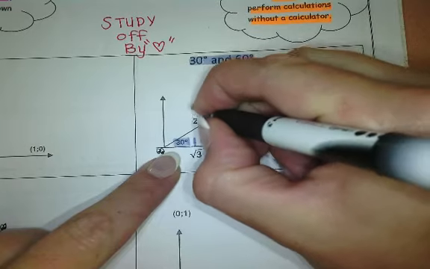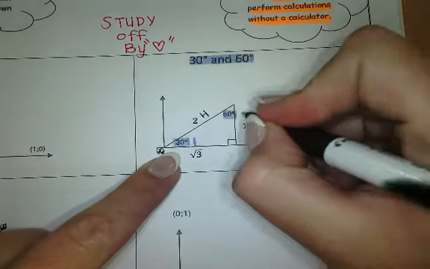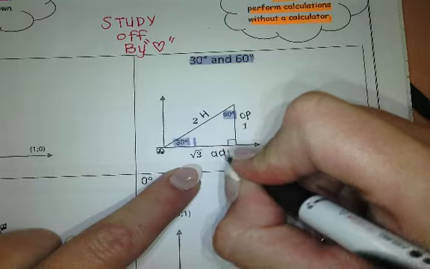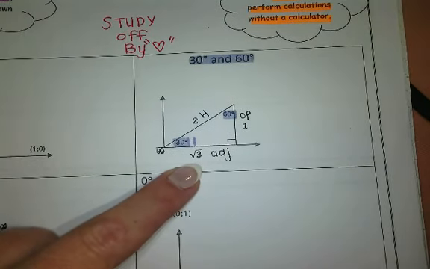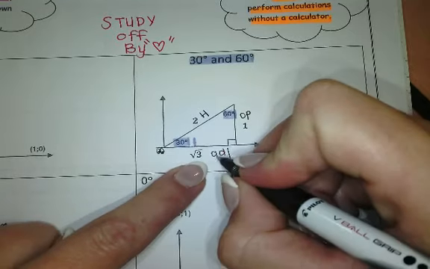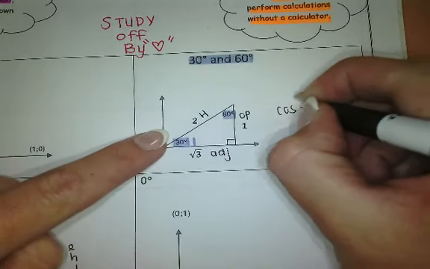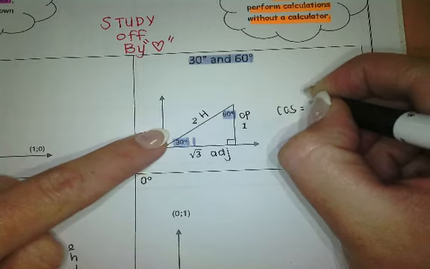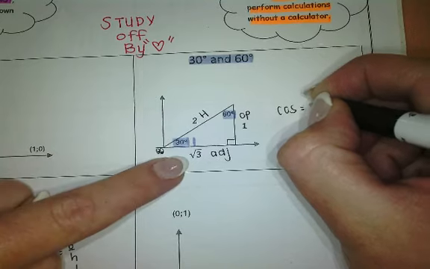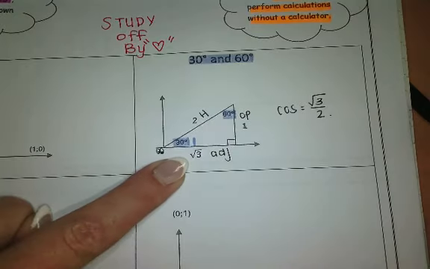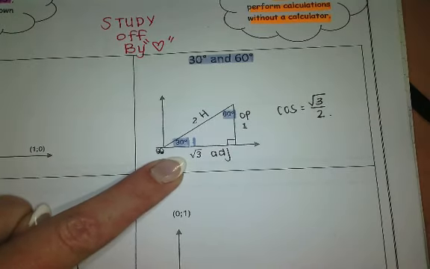If I now label, it's going to be the hypotenuse, the opposite, and adjacent. I want cos, which is CAH: cos is adjacent over hypotenuse.